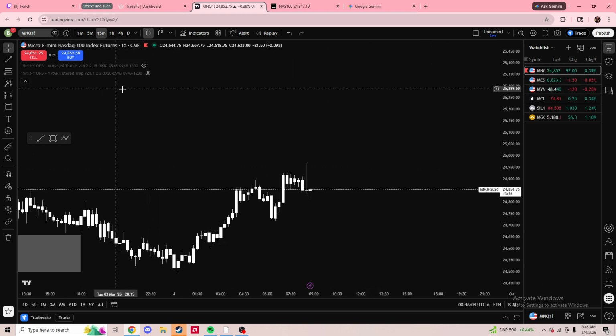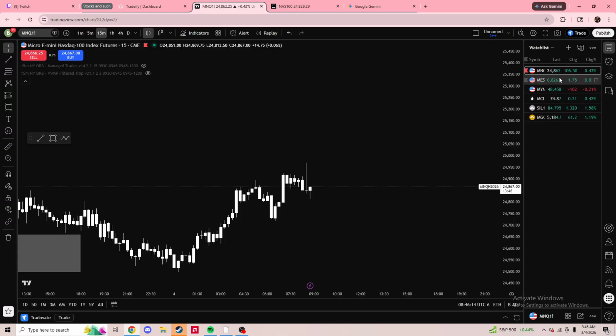I trade micro MNQ. There's a regular NQ, or the regular mini, but that's more money that I just don't feel comfortable risking. I'm a risk taker, but I'm not a super risk taker. I'm not a gambler, I guess I'll put it.